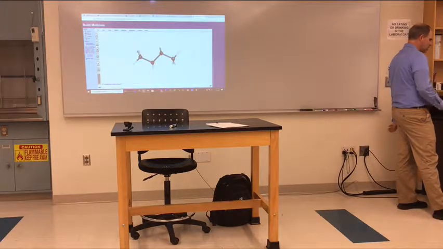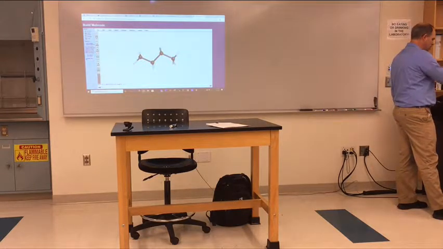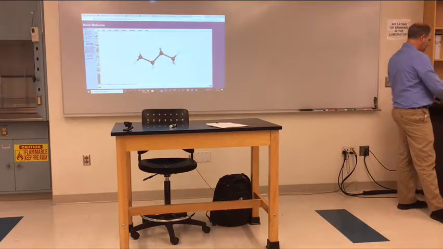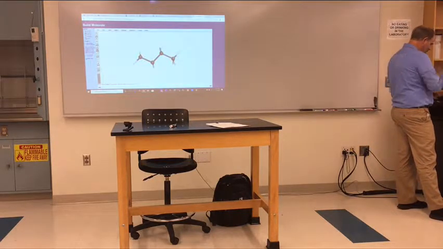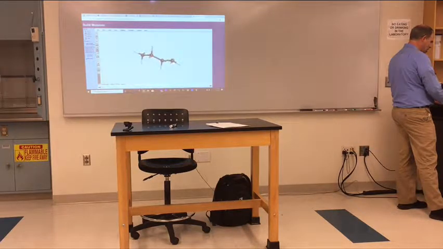Click on one of the hydrogens and then just hit your backspace or delete button, and it gets rid of it. And we want to do the same to this one, delete. Now if we rotate it around, you see that it's now missing 2 hydrogens. And so now we want to make a double bond.